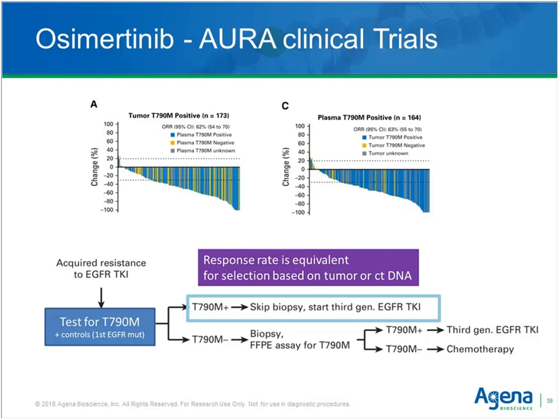The recommendation says to test for T790M with a liquid biopsy, and if it's positive, you can skip the tissue biopsy and start with your third generation TKI treatment, which is the advised drug when this resistance is observed.